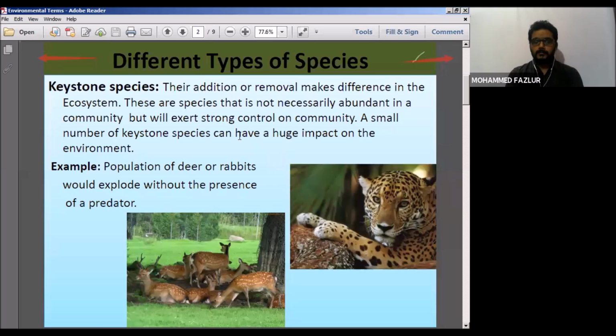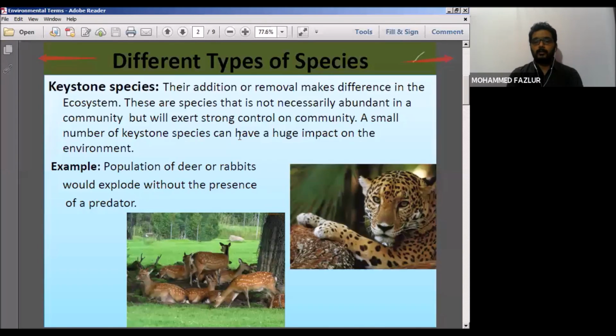Then there will be a lot of competition, and one day these deer cannot survive because of low primary-level food availability. In this case, the second trophic level, the deer, has drastically increased because of a decrease in the number of a very important species, that is the keystone, the carnivores.